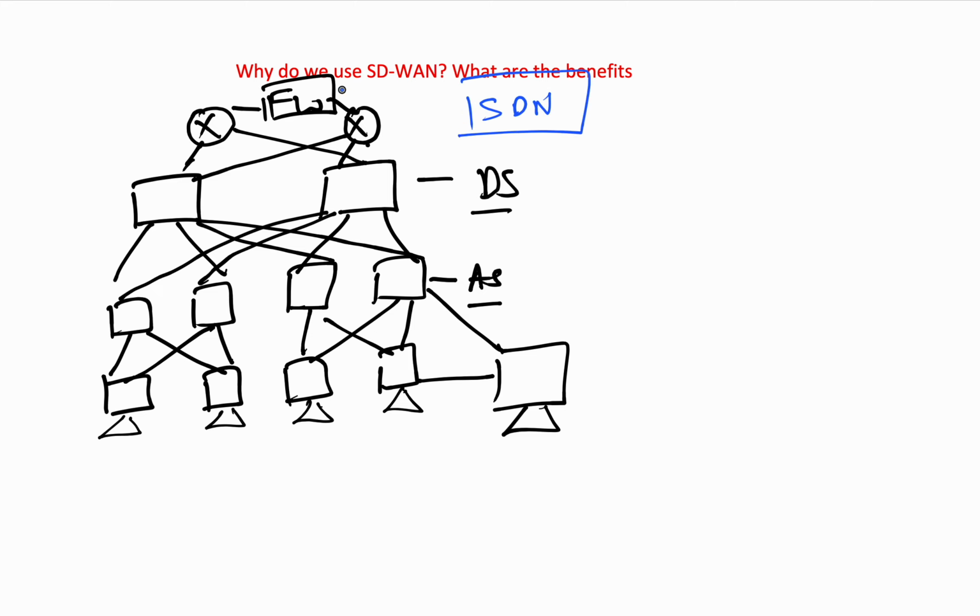Using your SDN controller, you can map it to your firewall. You can map it with all the other devices. Now, what you have to do is just put a minimal configuration here.